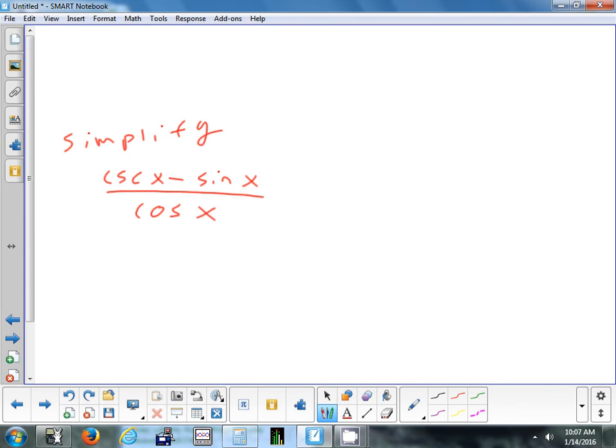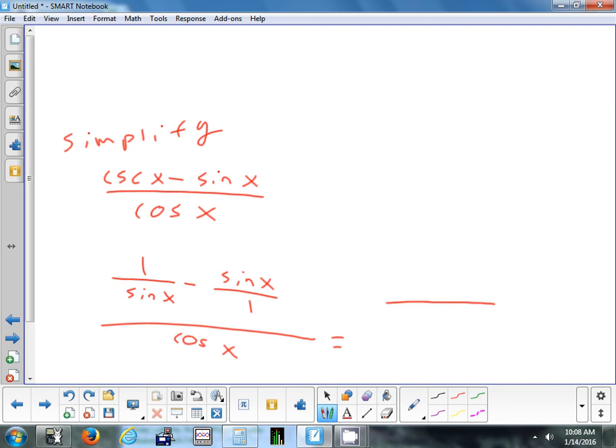First thing I would try is change everything to sines and cosines, and see what happens. So we would have 1 over sine minus, I'm going to write that as a fraction, sine over 1, divided by cosine. Now, the only thing I can really do is find a common denominator in the top and then hope that something just works out from there. So in the top, I'm going to find a common denominator, and that's going to be the product of the two denominators I have, sine and 1.